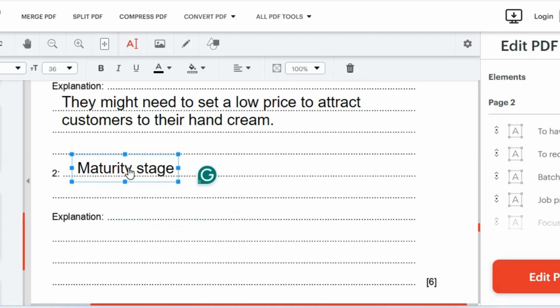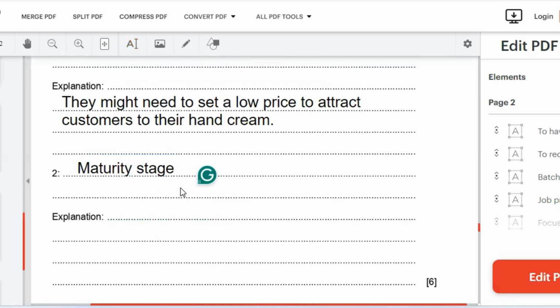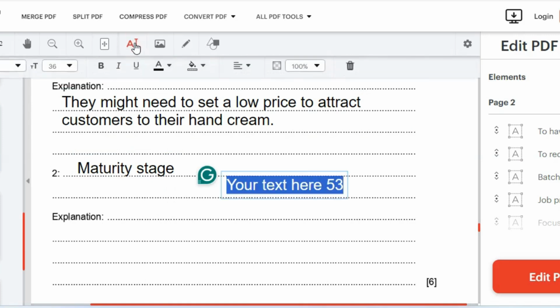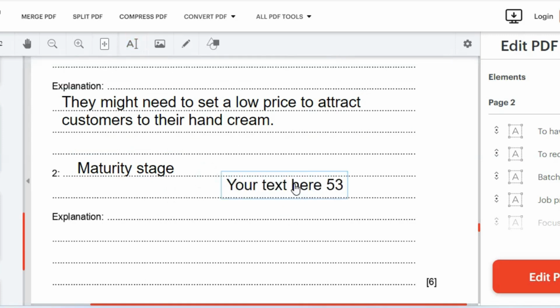affect their pricing decision? Of course, the price is likely to be similar to the competitor's own. Let's try to put the text to explain here.